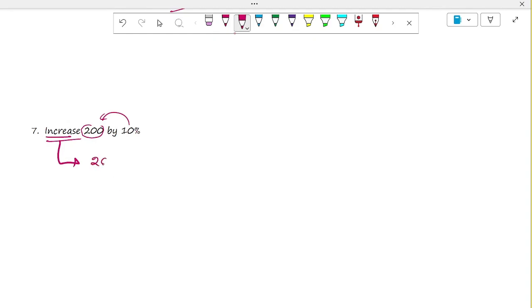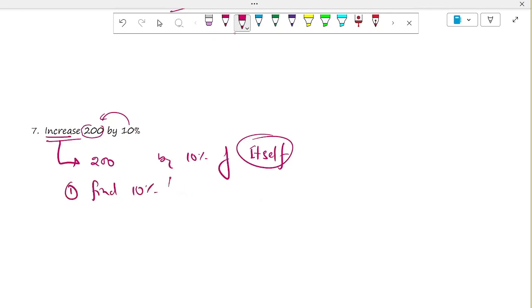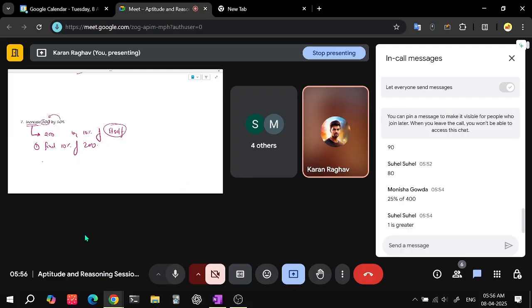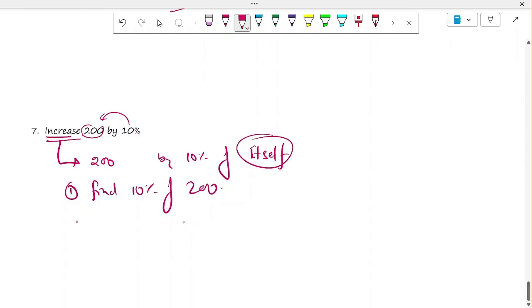Means there is an increase in 200 itself by 10% of itself. So the first step is to find 10% of 200, right? And then after that add both of them. There are two steps in this question. On adding both of them, you will see what is the increased value.